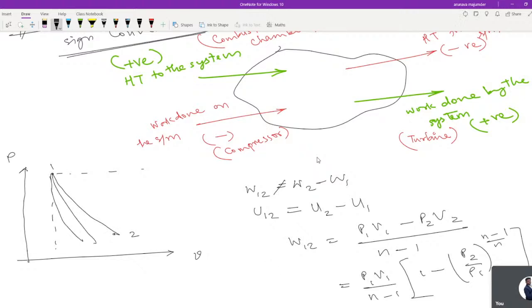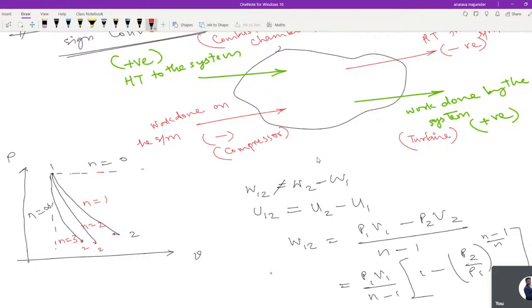This is a basic formula. Here this is n equals 0 and this is n equals infinity, and in between we have n equals 1, n equals 2, n equals 3, for different types of n.